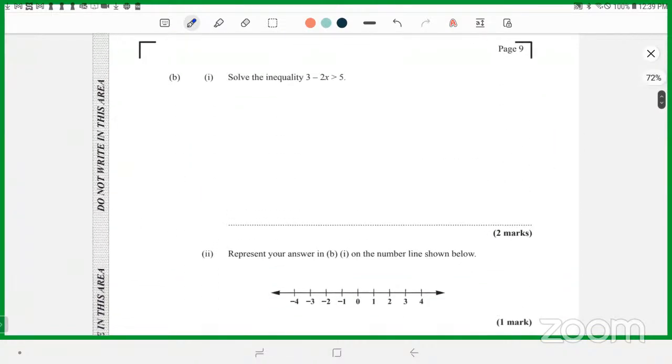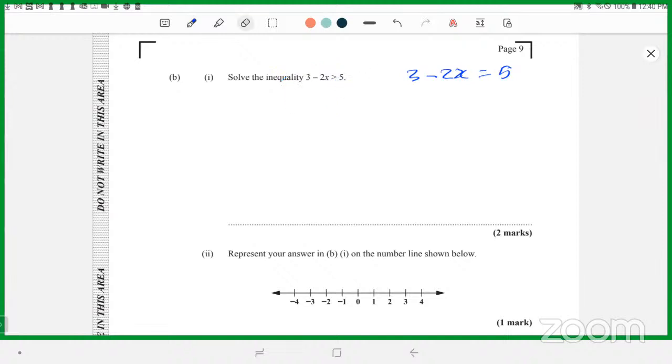They were solving this simple inequality. Remember, the steps in solving these simple inequalities are the same as solving a simple equation like 3 minus 2x equals 5. Same steps: you're trying to make x the subject. The only difference, because it's an inequality, is that if you have to multiply or divide by a negative number while making x the subject, you have to remember to reverse the inequality sign.